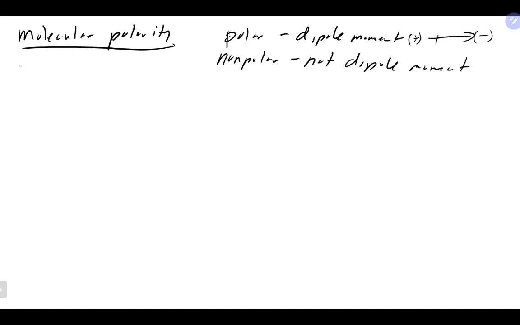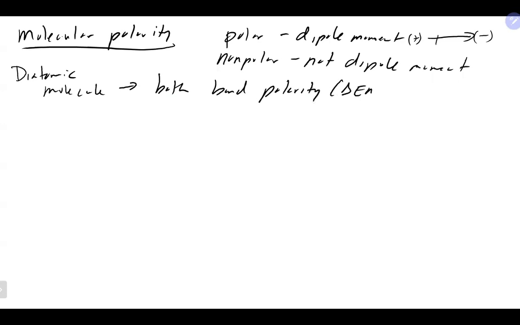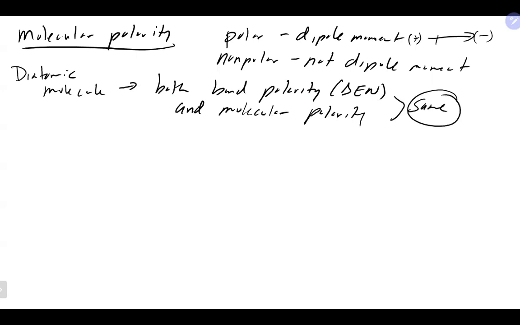So the easiest one to do is diatomic molecules. That is the only one where both the bond polarity, which is where you use the difference in electronegativity, and the molecular polarity will be the same. And the reason for that is it's diatomic, which means it has one bond and one bond only, which means if that bond is polar, the molecule will be polar. And if that bond is nonpolar, the molecule will be nonpolar.